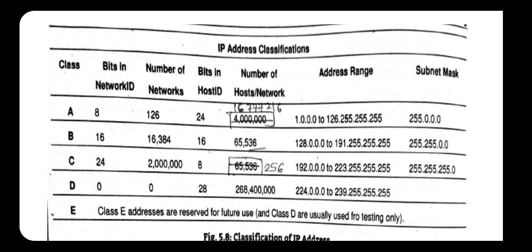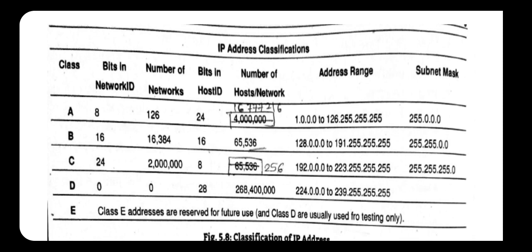Okay, range from 128 to 191, and default mask is 255.255.0.0. Next, for class C, network bits are 24, right? Out of these, most significant bits are 110. So number of networks is 2 raised to 21, and bits in host are 8, that is 2 raised to 8, that is 256.